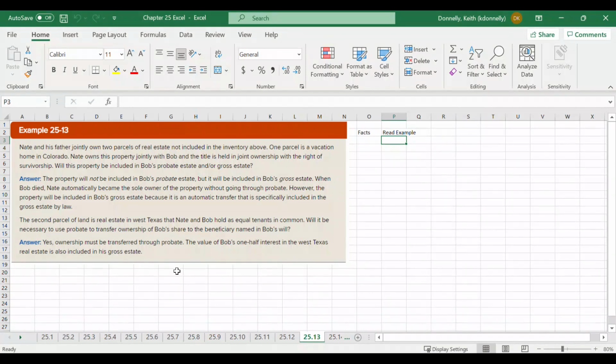Okay, basically the idea here is when father passes away, it automatically transfers to son. It's not part of the probate estate because it's automatic. There's no need to invoke the probate court. However, it is part of the gross estate because the gross estate is a broader definition and includes these automatic transfers.